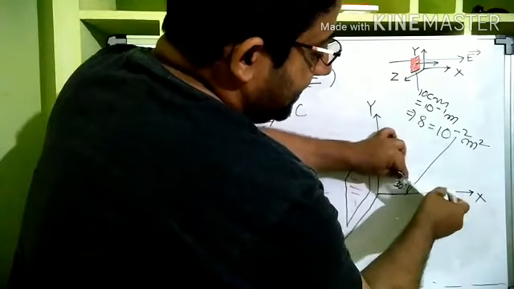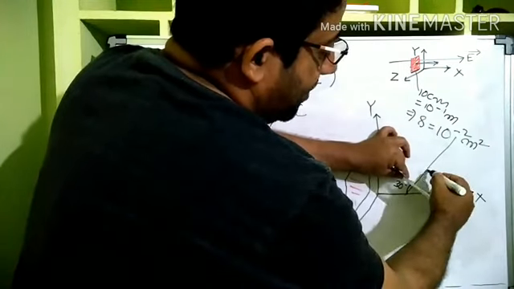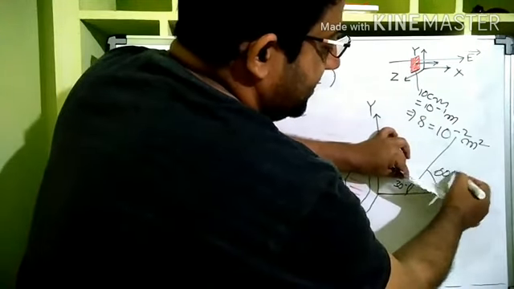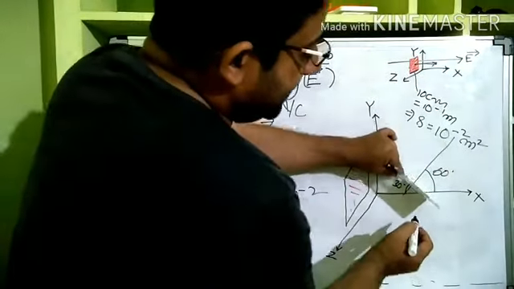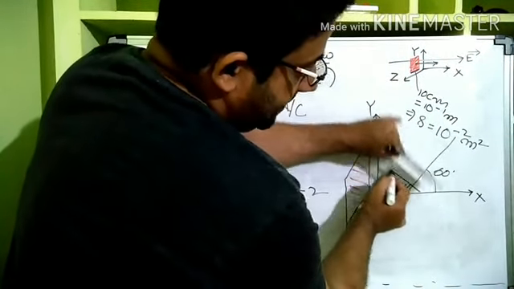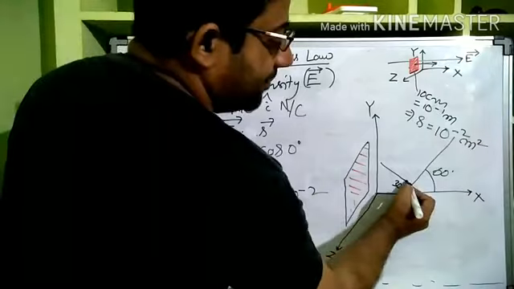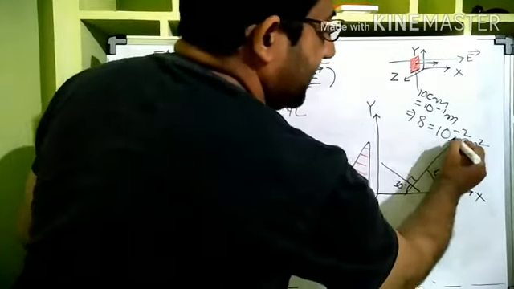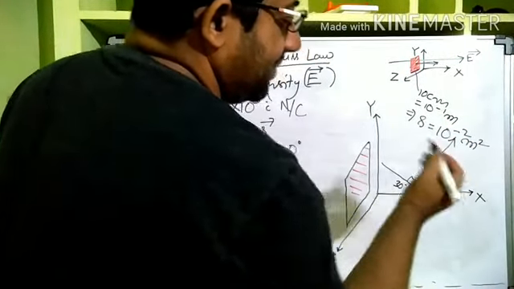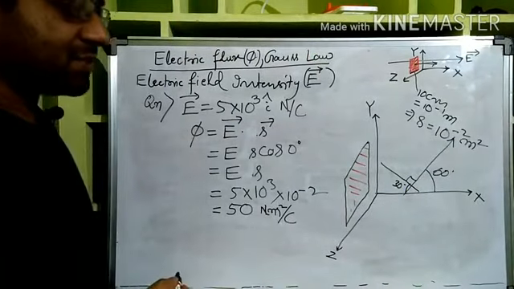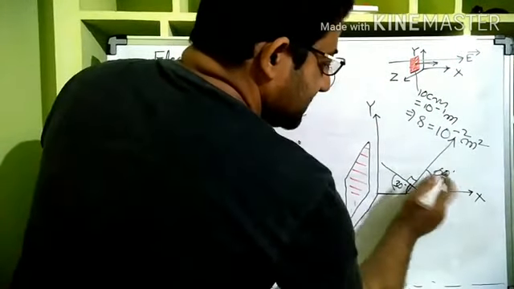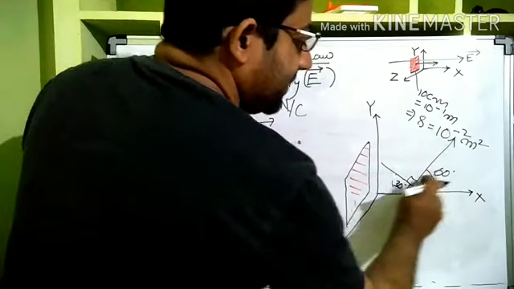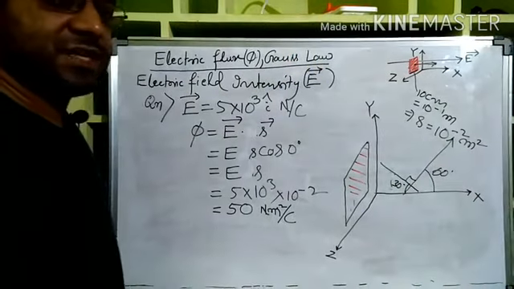Now, this plane is making 30-degree, so how much will this angle be? Isn't it 60-degree? The perpendicular to the plane is the direction of the area, right? If this is 30-degree, this will be 60-degree, because this plus this total is equal to 90-degree. So if this is 30-degree, this must be 60-degree. You understood or not?